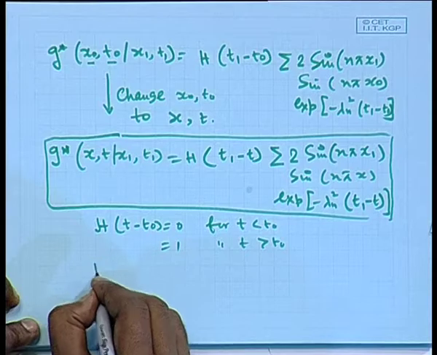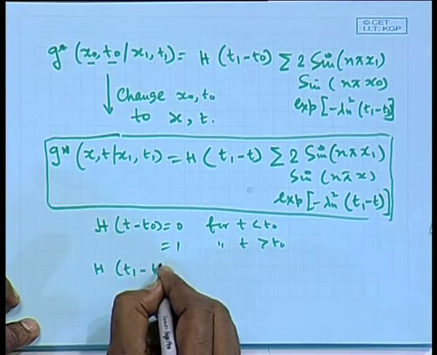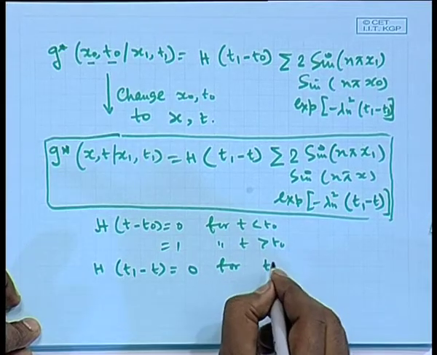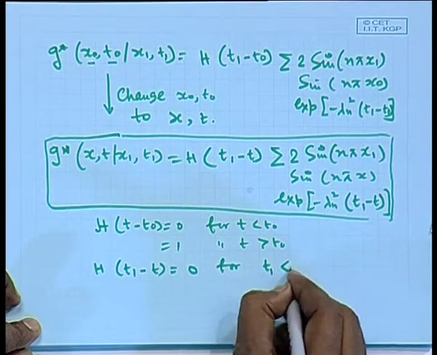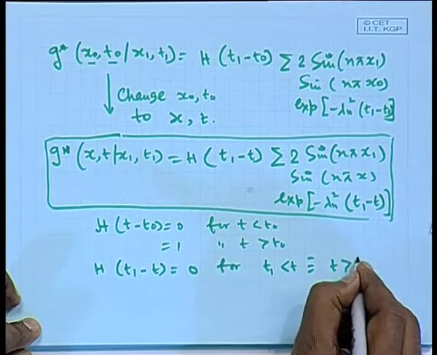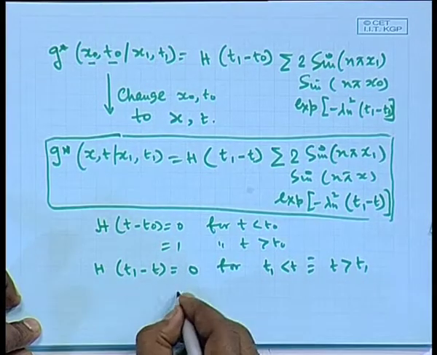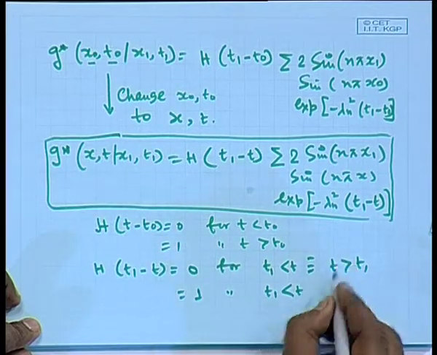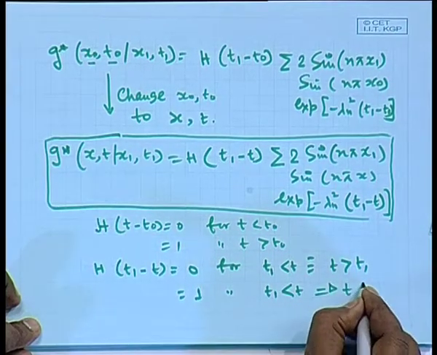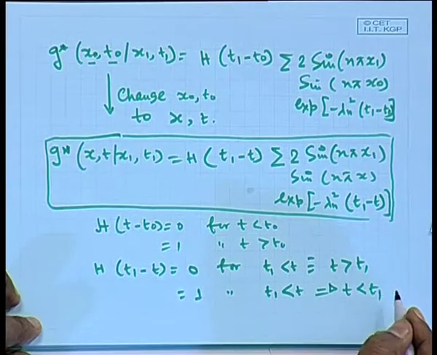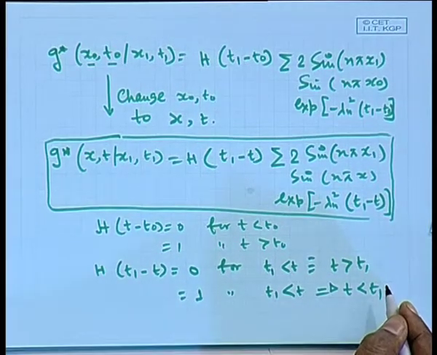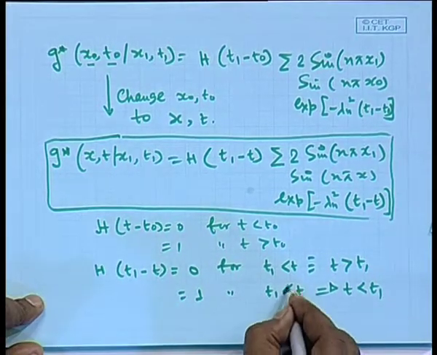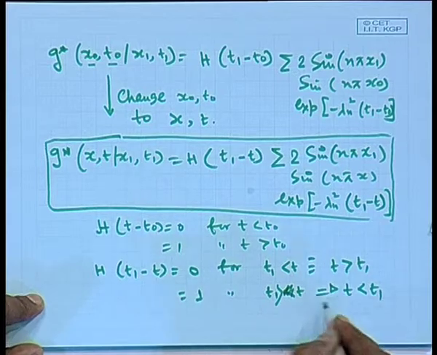Now, whenever you write h t1 minus t, this means 0 for t greater than t1, and 1 for t less than t1.